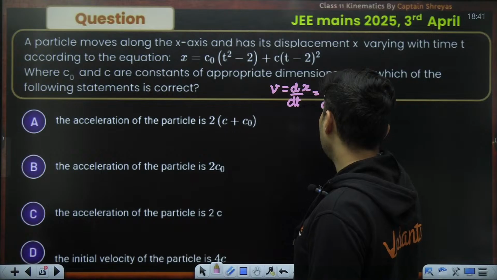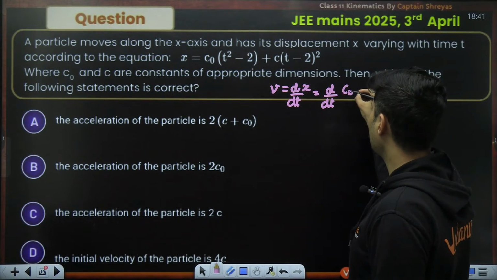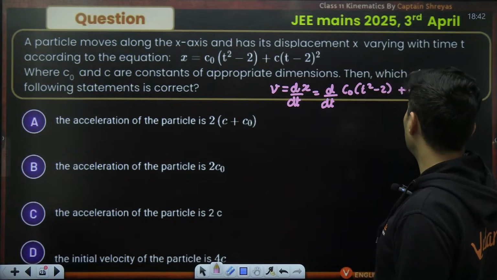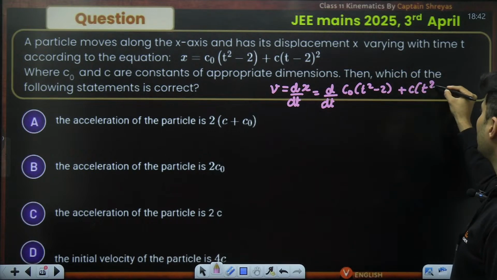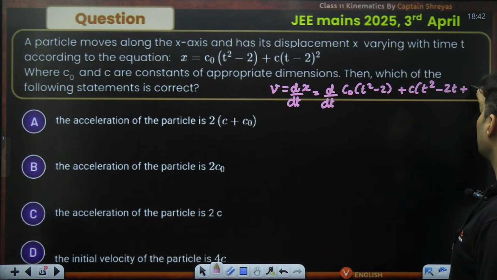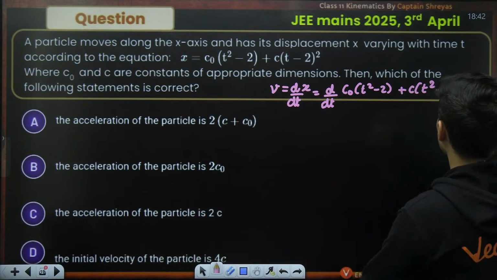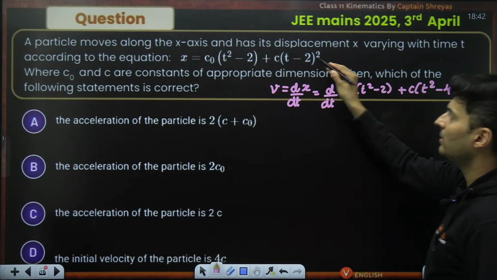So d by dt of this whole thing, which is c naught t square plus c into t minus 2 whole square. So it will be t square minus 4t plus 4. I have expanded the brackets.